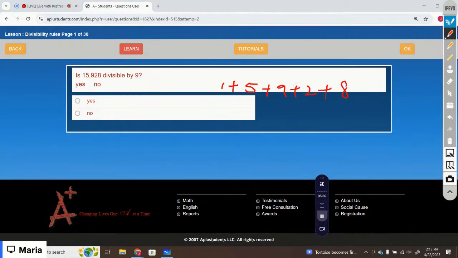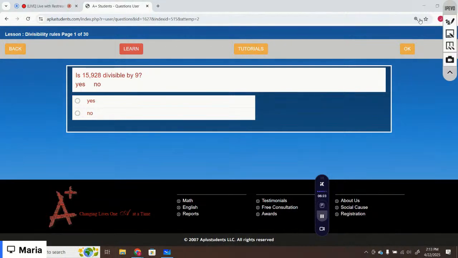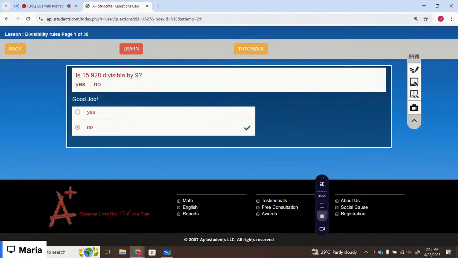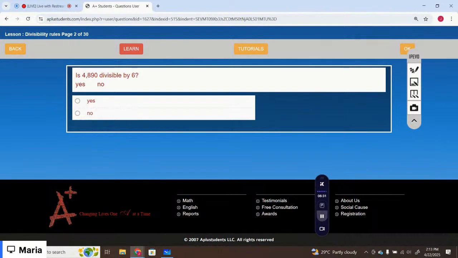So let's find the sum of the digits. 9, 10, 15, 16, 17, 18, 19, 20, 35. The sum of all the digits is 35. Is 35 divisible by 9? No, it isn't, because 9 times 4 is 36. So 15,928 is not divisible by 9. Even if you are very good with the multiplication tables, you still take 2-3 minutes to divide, right? But by applying the divisibility rule, in a second you know the number is not divisible by 9. Got it?